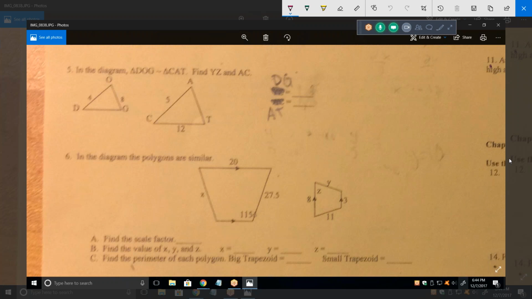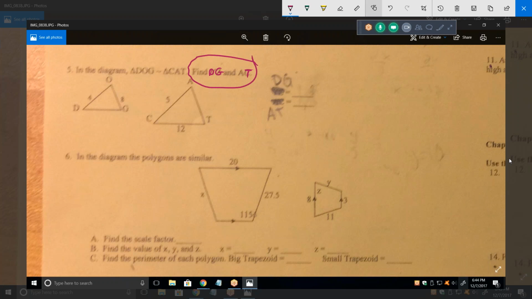That doesn't make any sense. Their question doesn't make any sense. Yes, it's AT is what they're looking for, right? DG, yes. Now that makes sense.